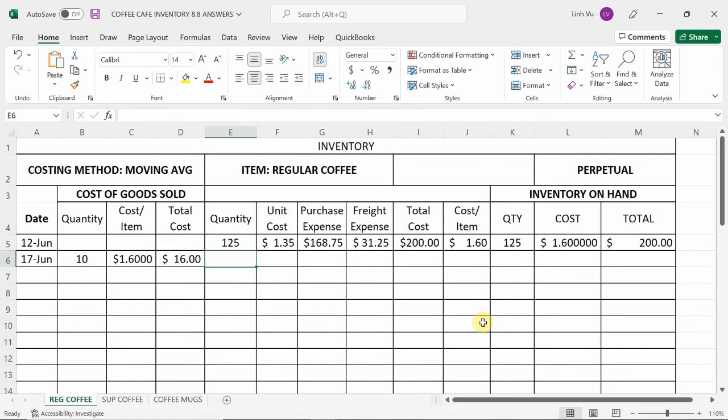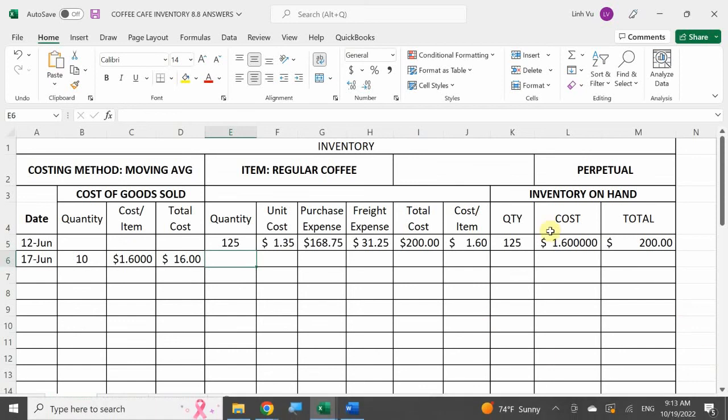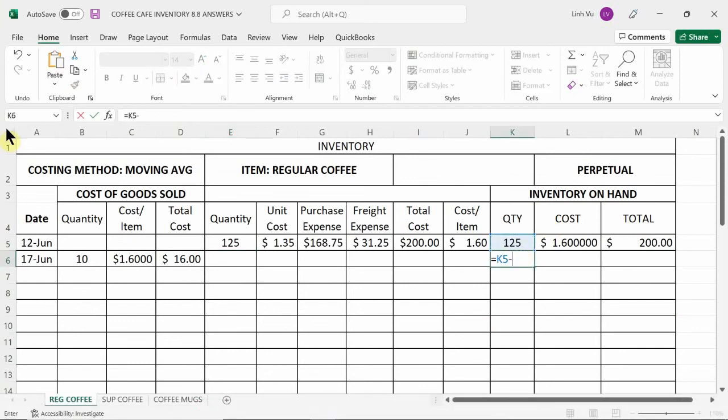You would subtract 10 from the quantity that you have on hand. So if I had 125 units, now I subtract 10, how much should I have left? 115. Okay, so what's next? 115 times 1.60.